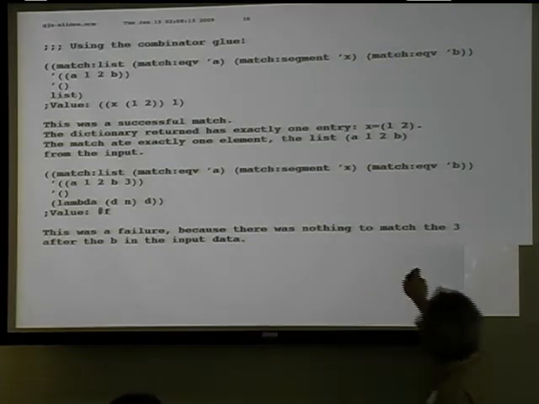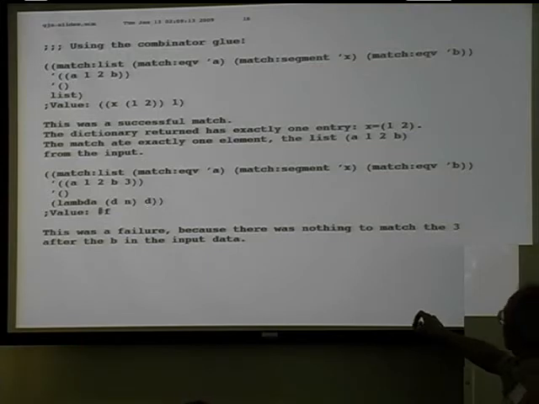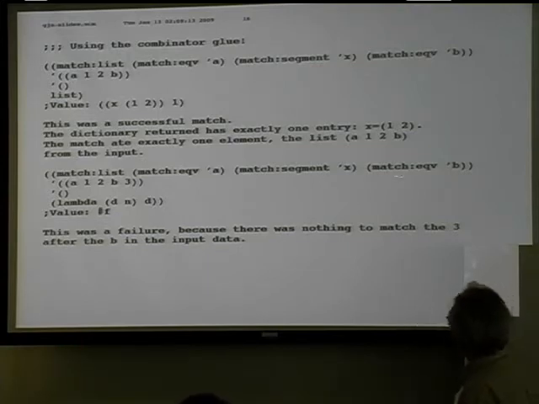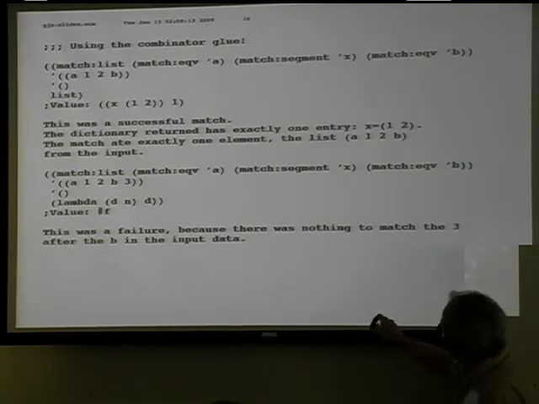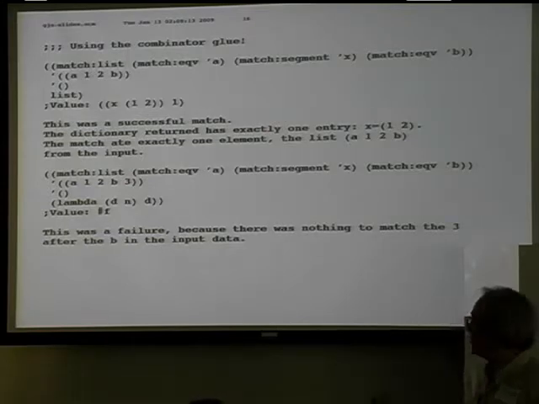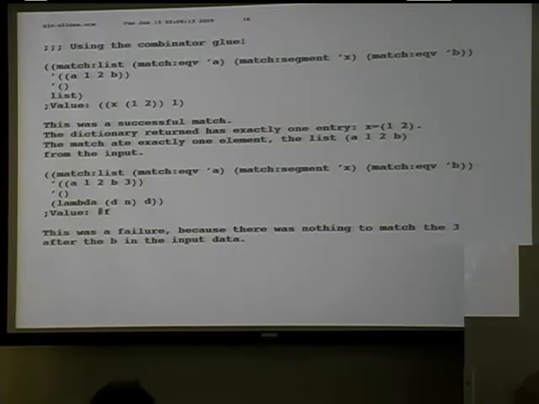That's how it works. If I tried to match this against A, 1, 2, B, 3, that can't possibly match because there's nothing after the B to match that 3, so that produces a failure.